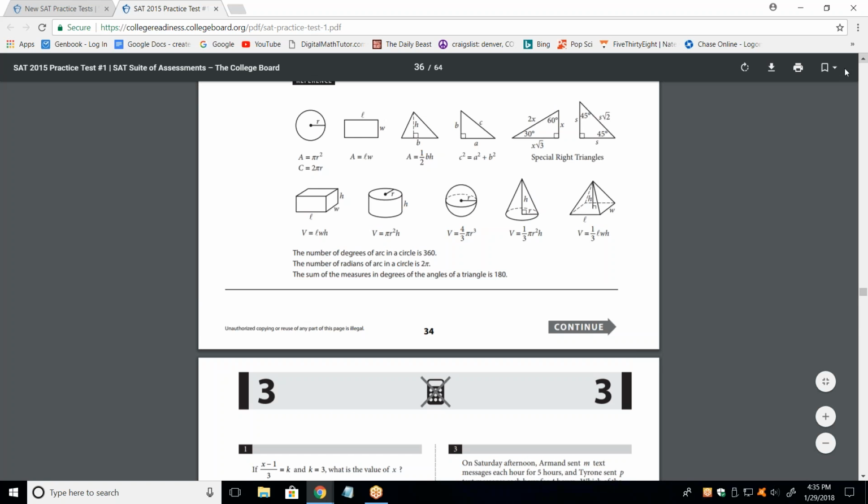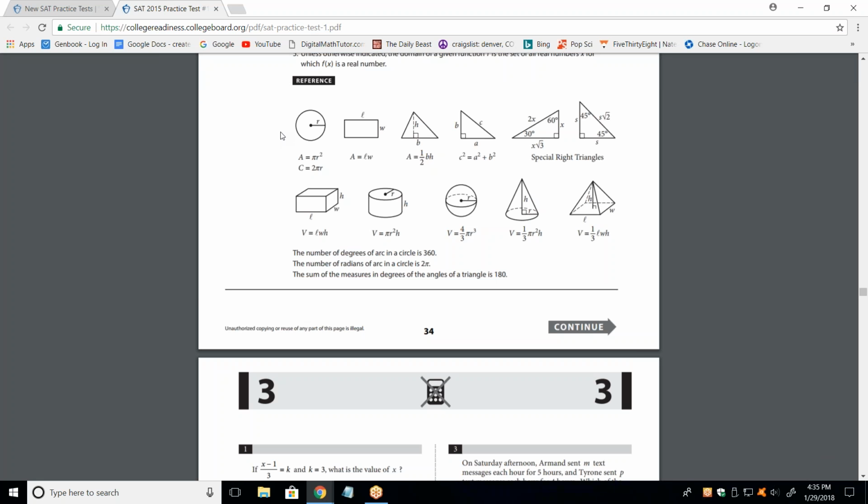Okay? The bottom row is three-dimensional geometry. You might not remember those. So if you have to go back and review the 3D, in other words, volumes, then that's okay. But this first row, you should never have to look up what the area of a circle is or the circumference of a circle.